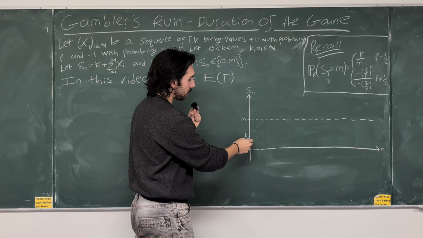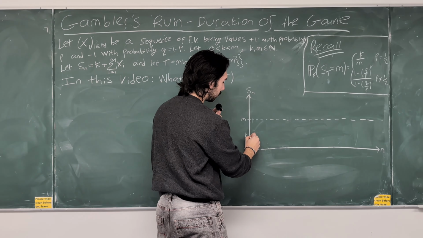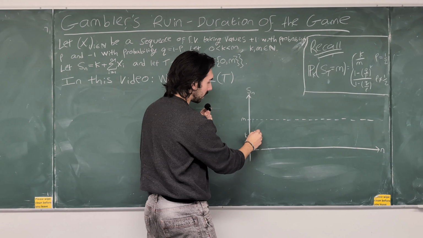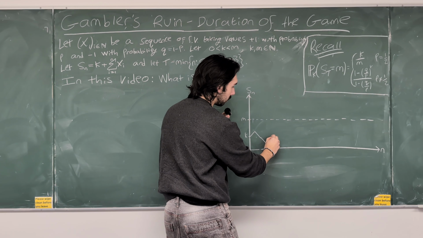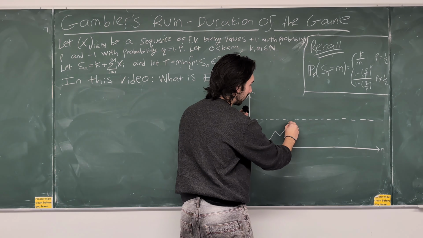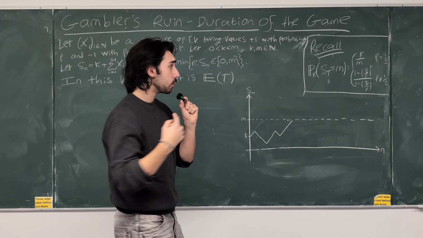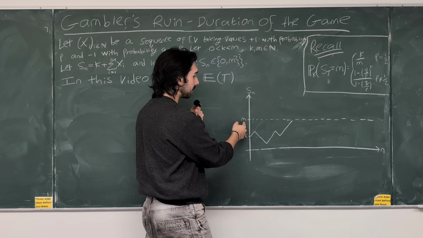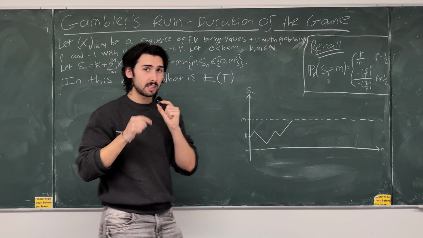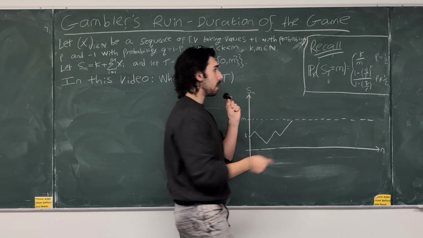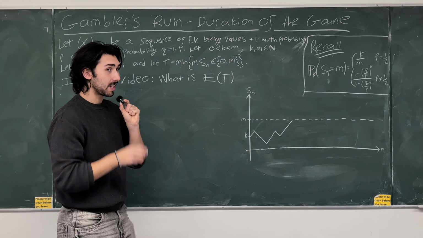So if you start with k pounds or k dollars and you play the simple random walk, you gamble, maybe you win your first one, then you lose the second, and then you lose again, and then you win, and then you win, and then you lose, and then you win and win and win, maybe. That could be one situation. Well, the probability that you start at k and eventually get to m before you get to 0 is either k over m in the case of a simple symmetric random walk, and this expression here in the case of an asymmetric simple random walk. That's what we did in the last video.